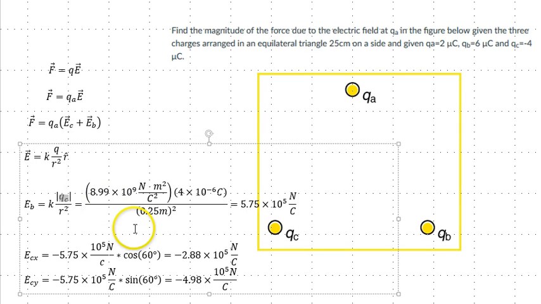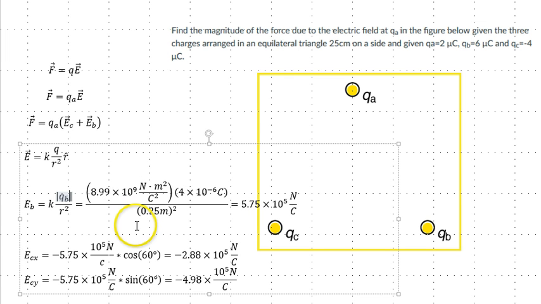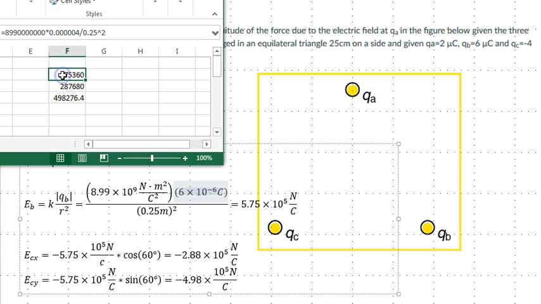Now the charge B is 6 microcoulombs, so that 4 becomes a 6. Let's go back over to Excel. Here's one of the reasons I like using Excel.